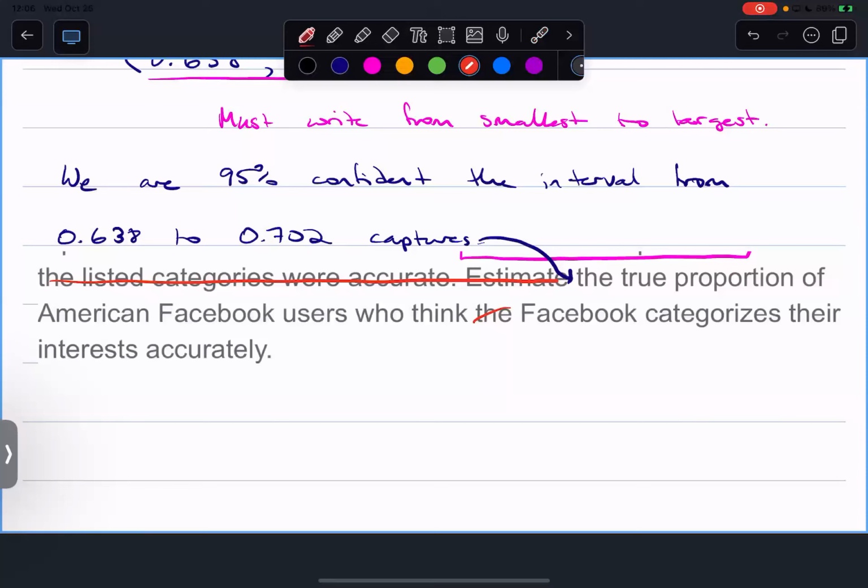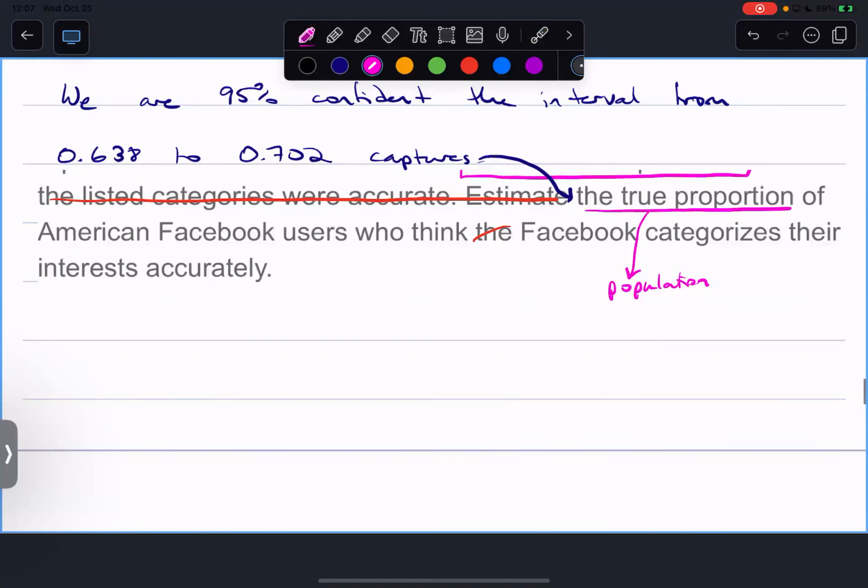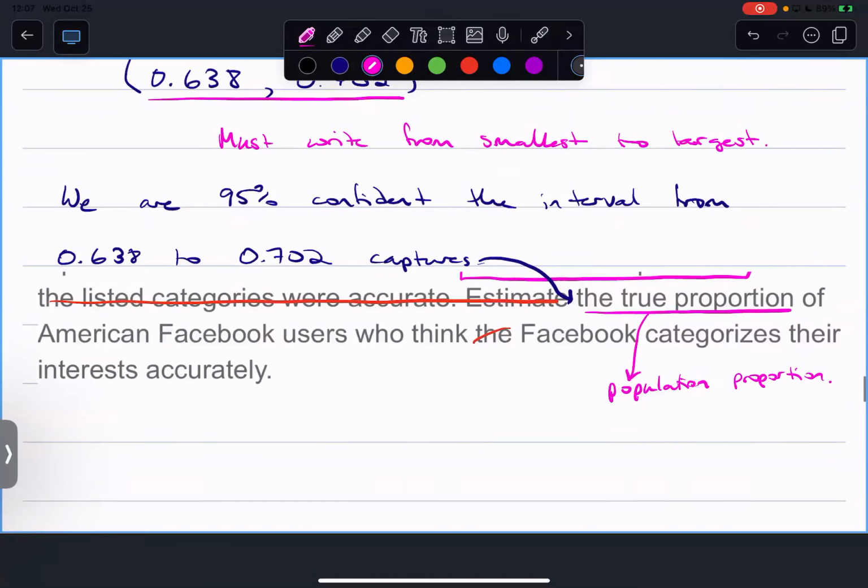And so here, the true proportion is the population proportion. We're trying to use the sample proportion. We did that and built the interval around it. And now we're trying to capture the population proportion.